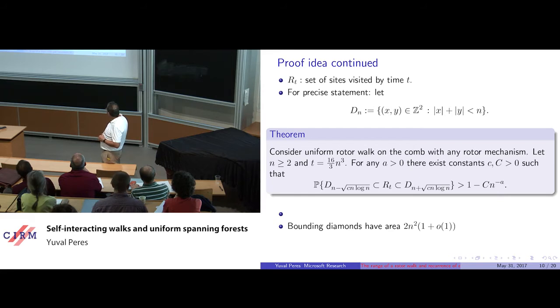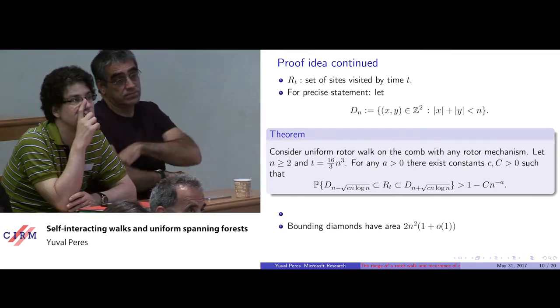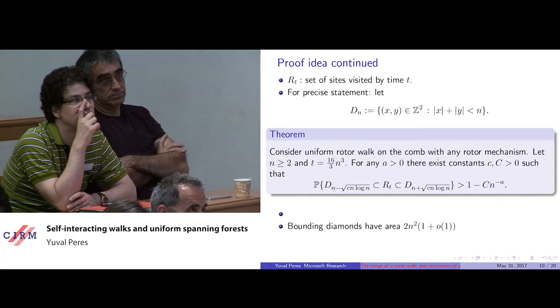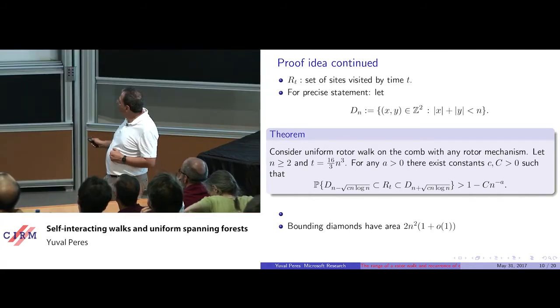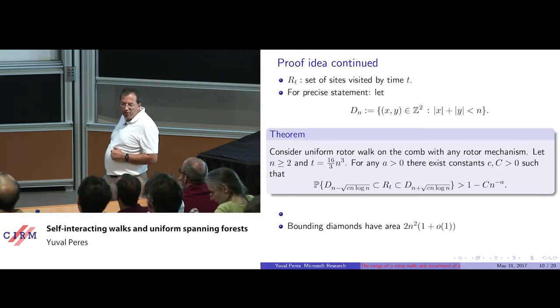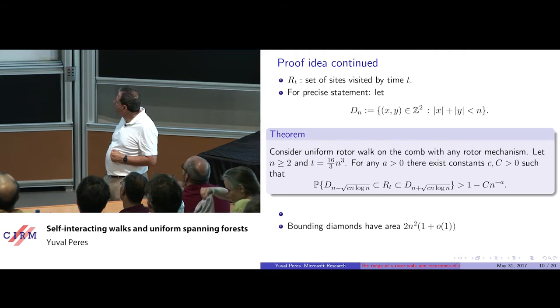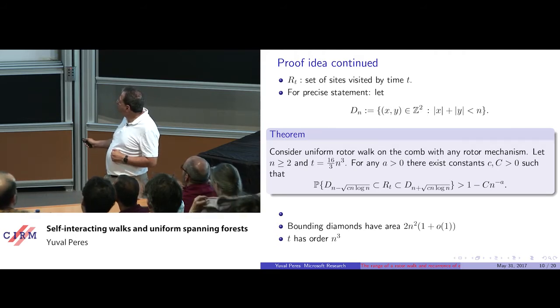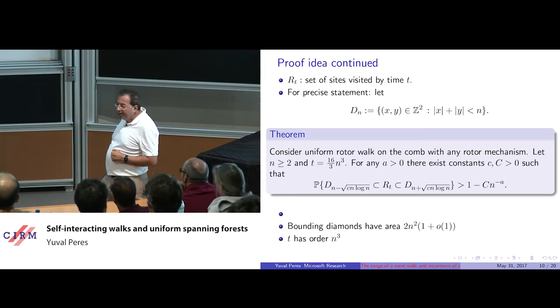With this relation, the diamond that captures R_t, so we have diamonds above and below, are both of volume 2n squared. These diamonds are just L1 balls. Because t has order n cubed and the diamond has area 2n squared, you get this 2/3 relation.